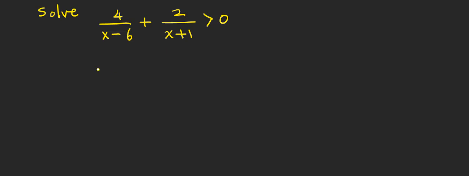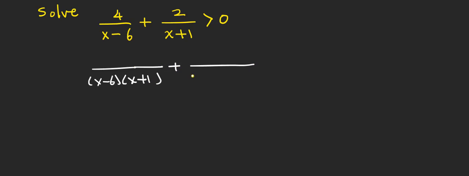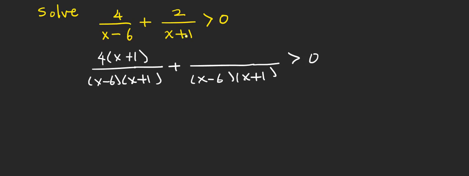So the LCD is x minus 6, x plus 1. Now, in order to get from x minus 6 to this, you need x plus 1 on top, so we're going to multiply by x plus 1. And we need x minus 6, so 2 times x minus 6.